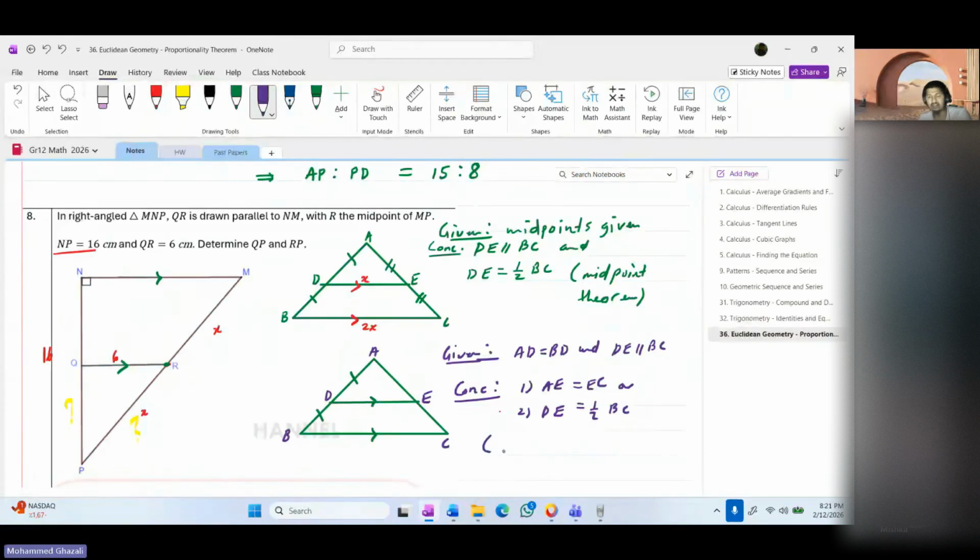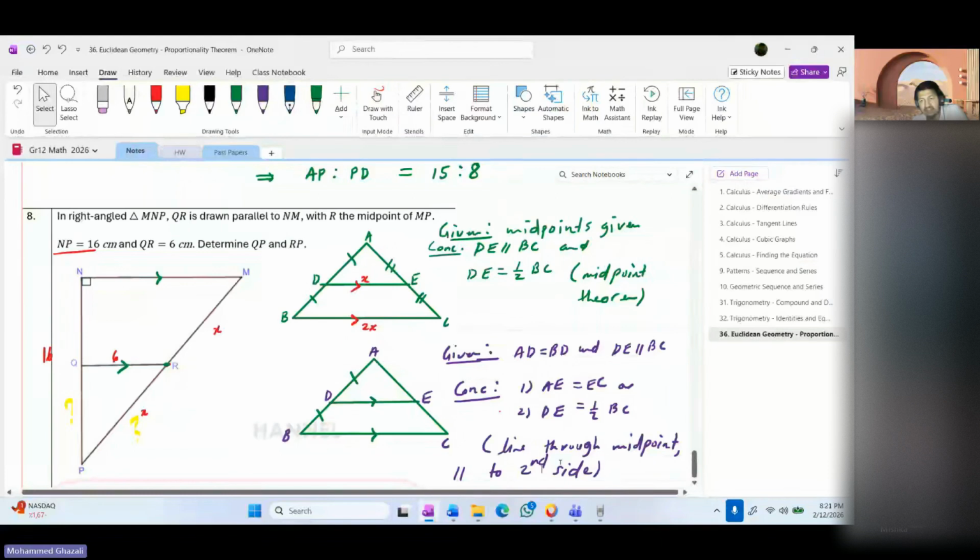And the reason, write it right: line through midpoint parallel to second side.